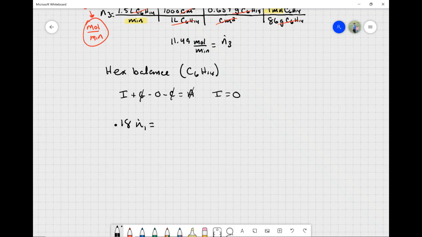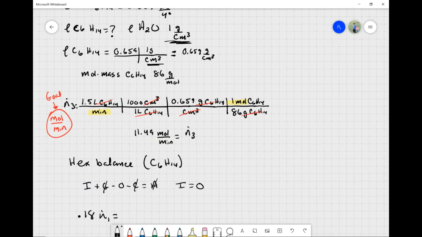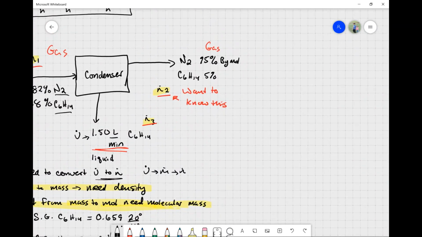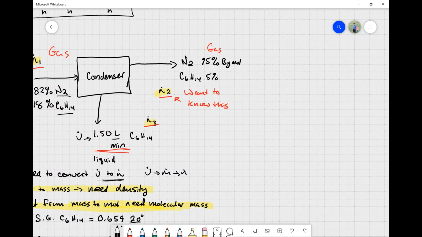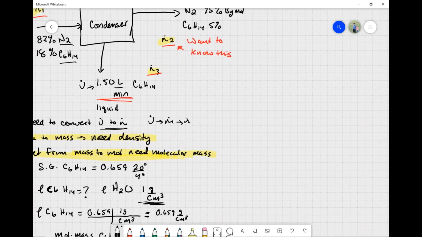Oh, excuse me. I have it written also out here. N2, we had some hexane as well. And so 0.95, oops, sorry, 0.05 hexane.